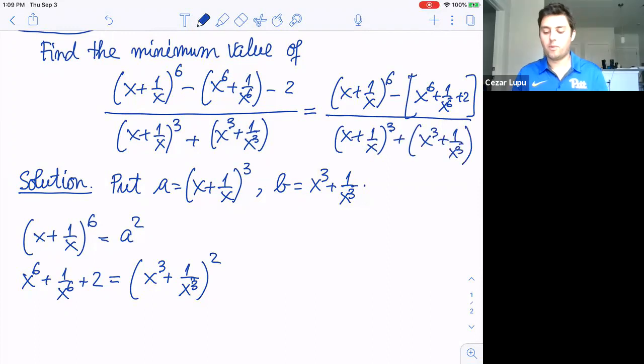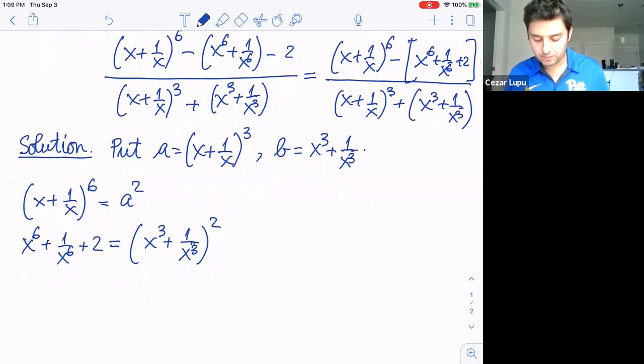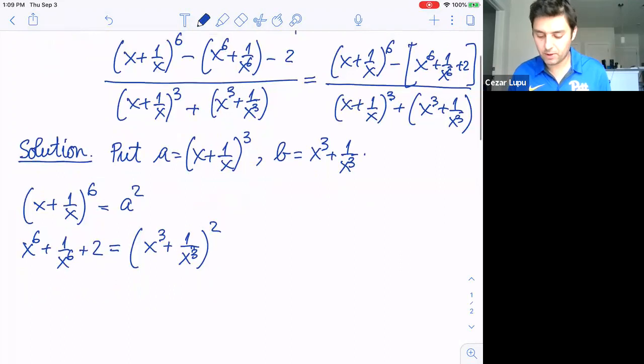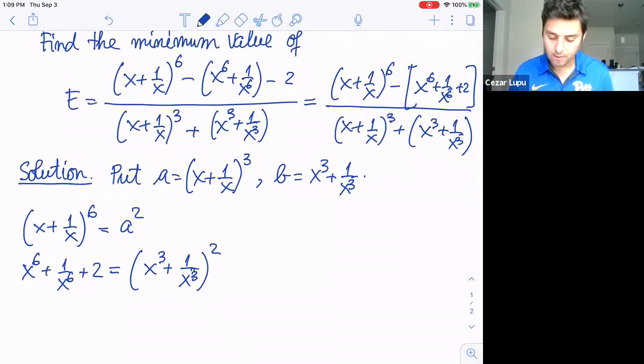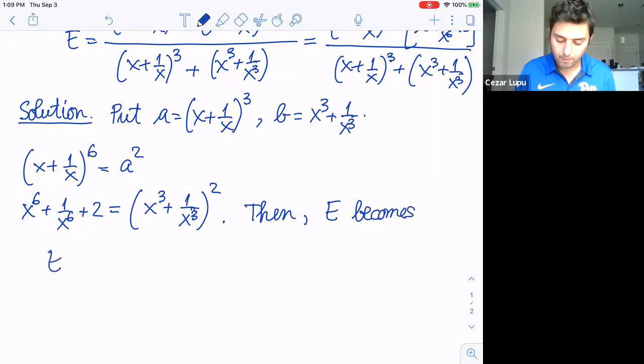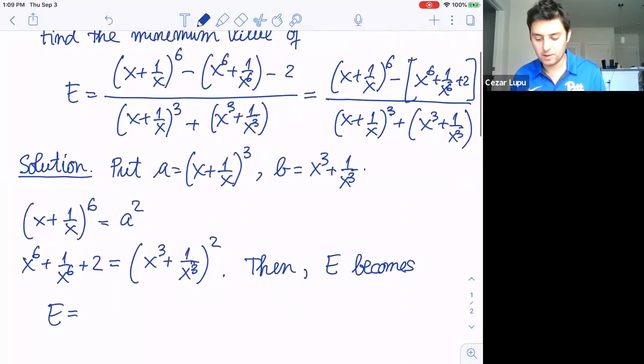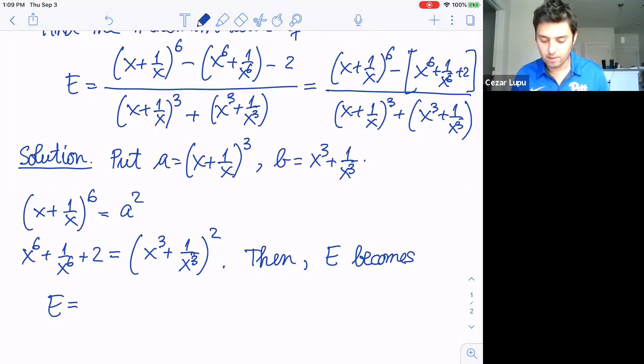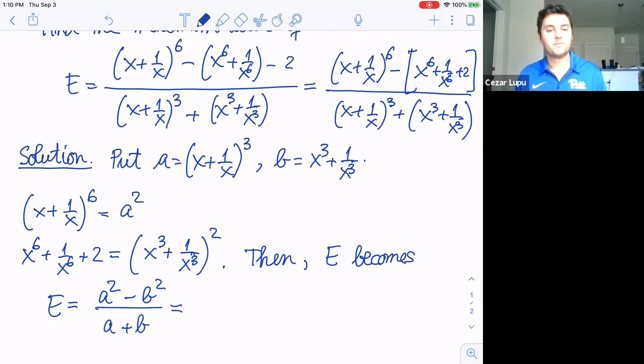In any case, the point is that this expression, let's call this E, will become the following. Can you tell me based on these notations? The first one will be a squared minus b squared, and then here you have a plus b, right?